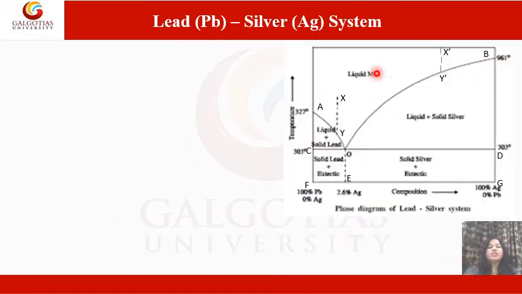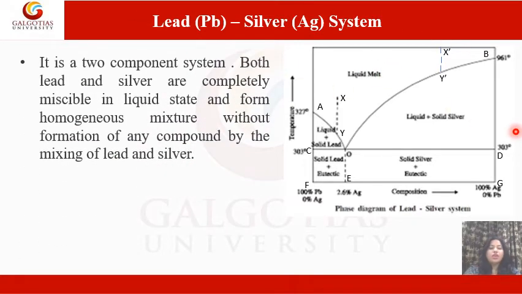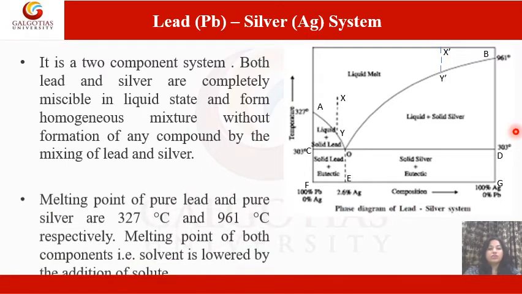Now, let us consider the example of the two-component system, that is lead-silver system. It is a two-component system. Both lead and silver are completely miscible in liquid state and form a homogeneous mixture without formation of any compound by mixing of lead and silver.